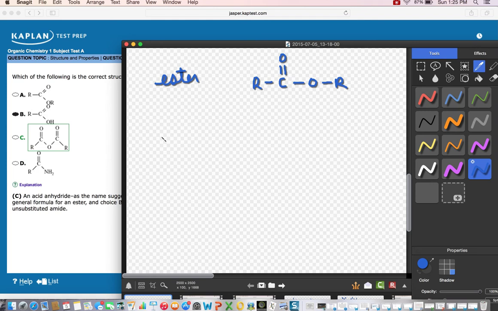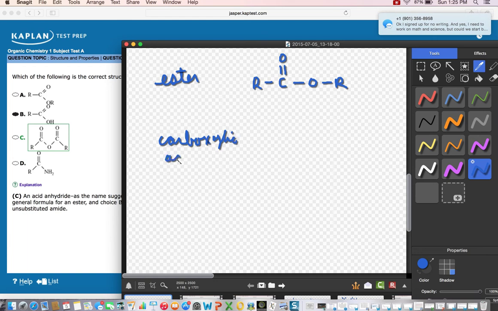B is a carboxylic acid. And so I have an R, C double bond O, then an OH.